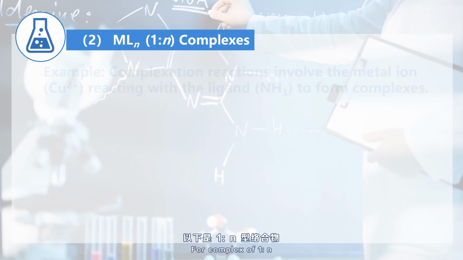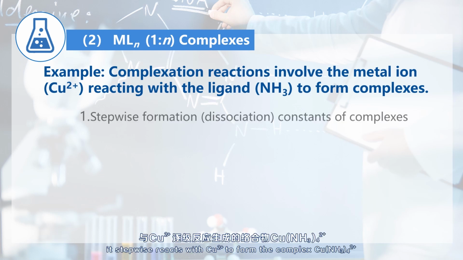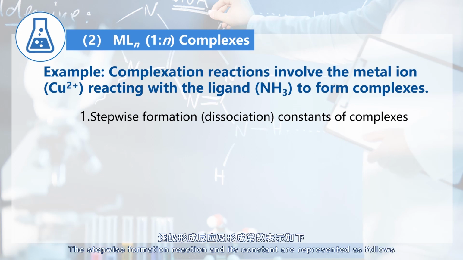For complexes of 1 to n, such as the monodentate ligand ammonia, it reacts stepwise with cupric ion to form the copper ammonia complexes. The stepwise formation reaction and its constant are represented as follows.